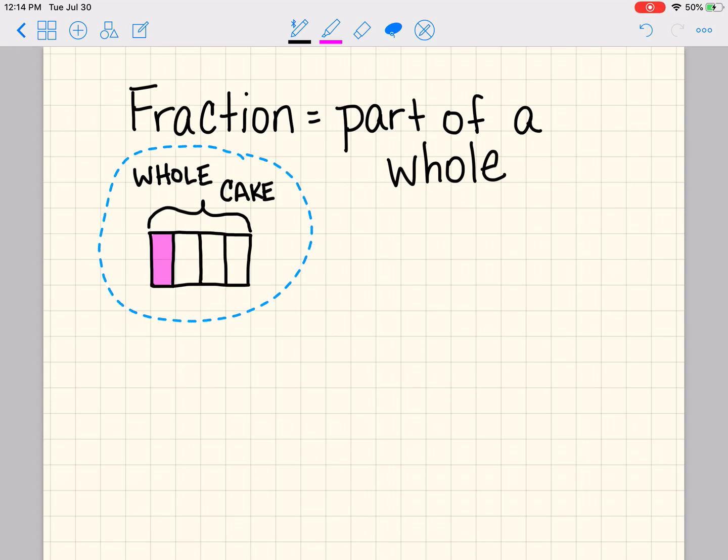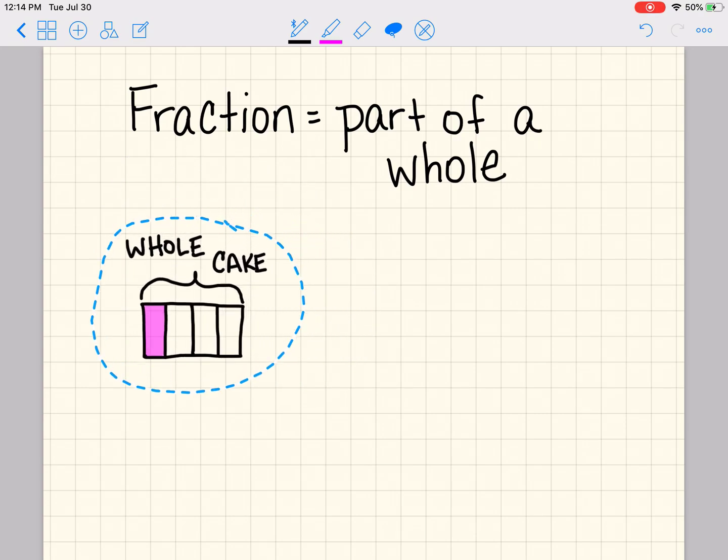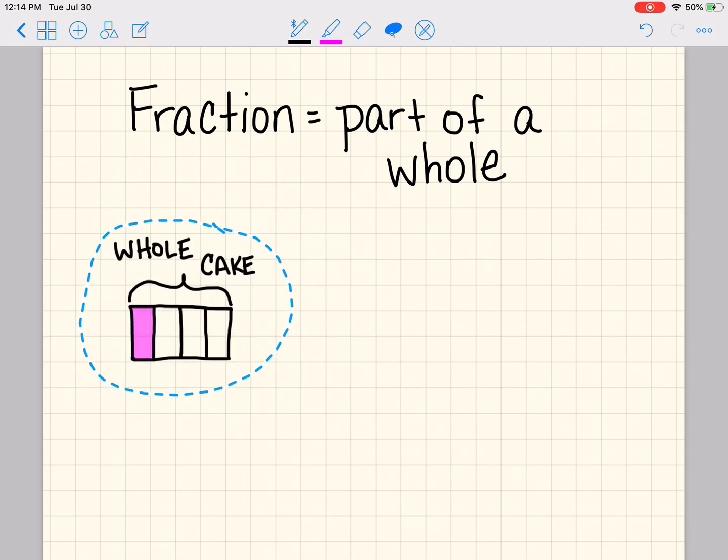There we go. So we have that whole cake, and it equals 4 parts because it's been cut into 4 parts, but that's the whole cake.